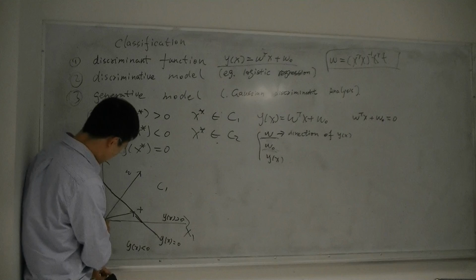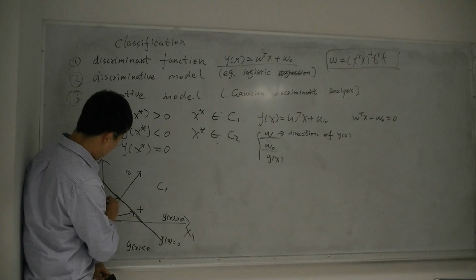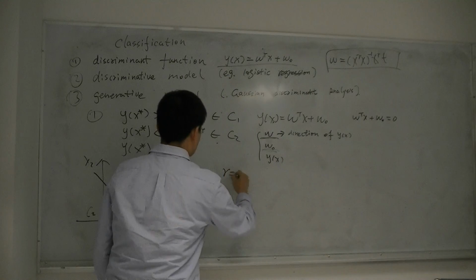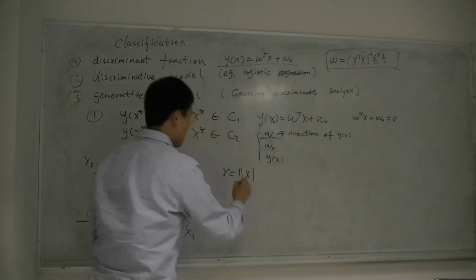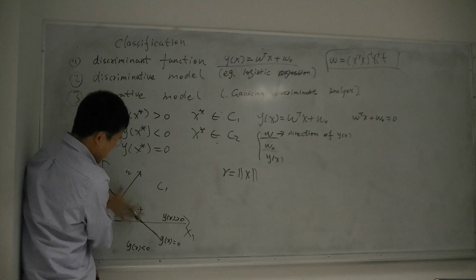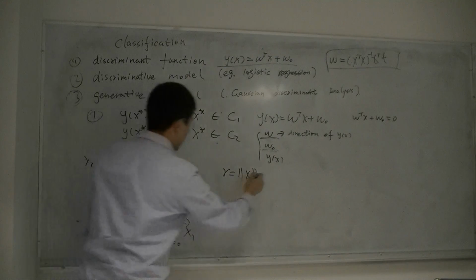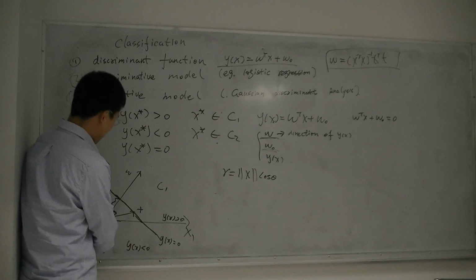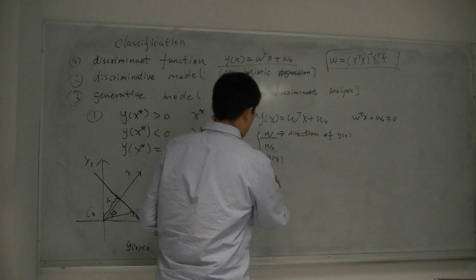The distance from the origin to the classification boundary, we define as r here. So what's r? r is equal to the magnitude of x, this vector on the classification boundary, times cosine theta, right? So this is the distance from the origin to the classification boundary. And so what's cosine theta?